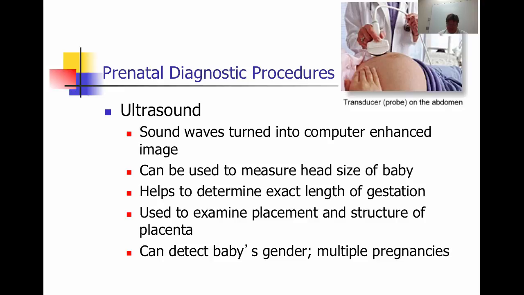The transmitter, as you can see in this picture on the slide, emits high-frequency sound waves that echo off the fetus. In turn, those sound waves are transformed into computer-enhanced images on a monitor. It can be used to examine the placement and structure of the placenta, as well as to detect the baby's gender, multiple pregnancies, and some anatomical abnormalities.